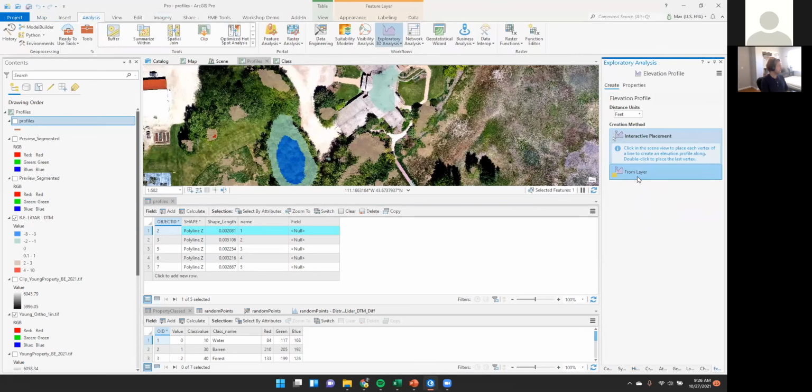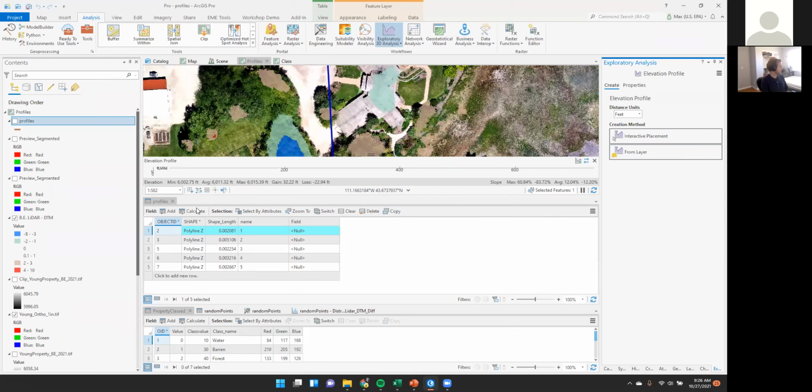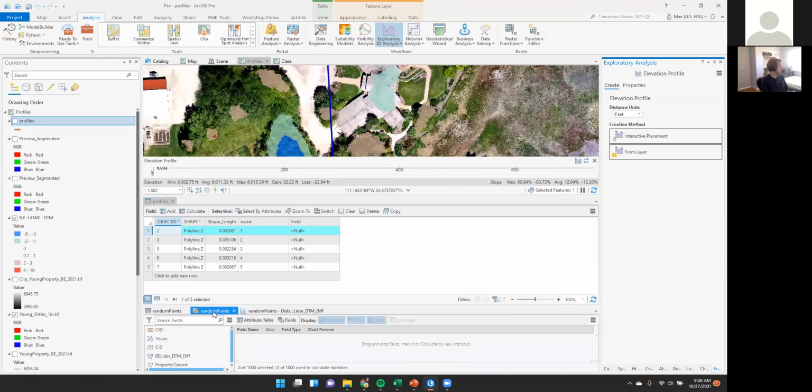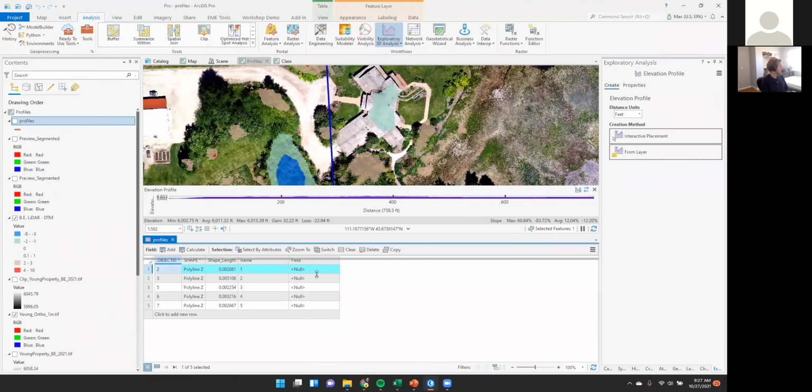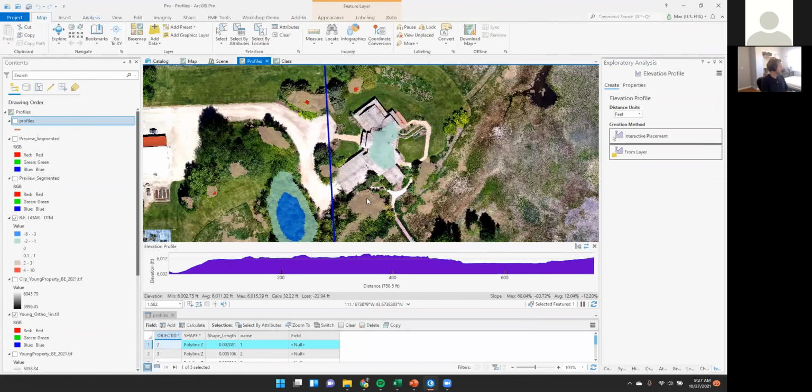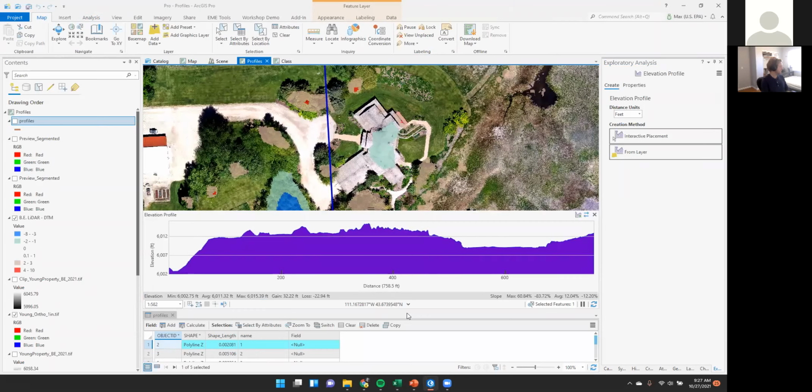There we go. From layer, profiles, and apply. There we go. Close some of these. All right, there we go. So this is the profile for this line in particular.